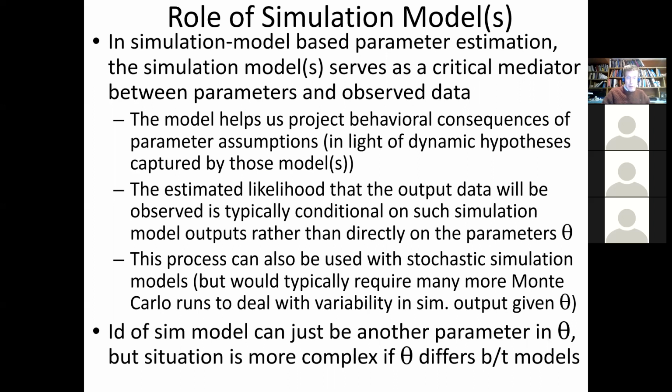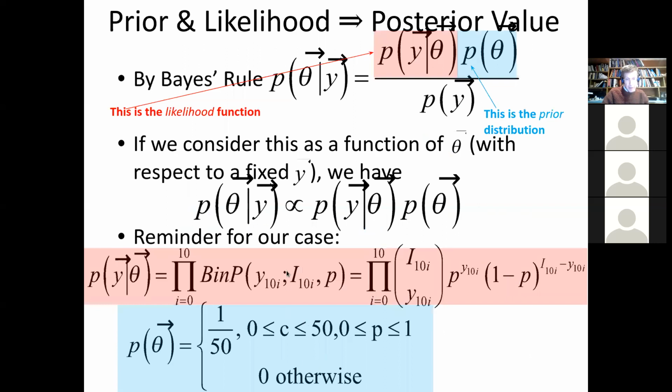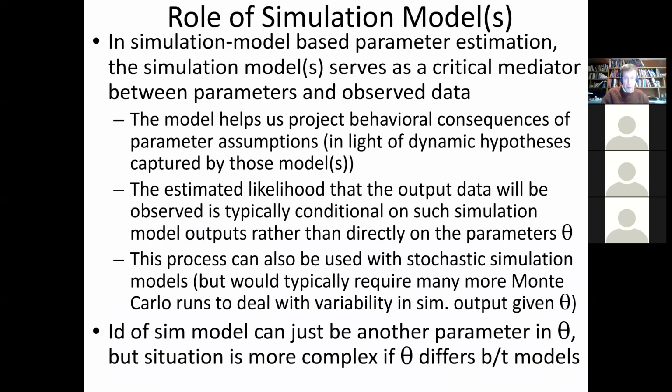In other words, given a theta, it allows us to get this value of I. It allows us to turn that assumption about parameters into outcomes that can be compared with the data. And that gives us the beachhead, the toehold, the foothold that we need to estimate the likelihood that we observe data from the world in light of the parameters.